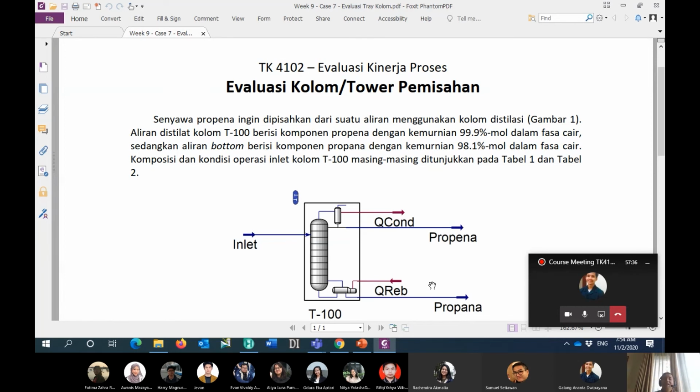Propene is usually used for the plastic industry, as the building block for polypropylene.